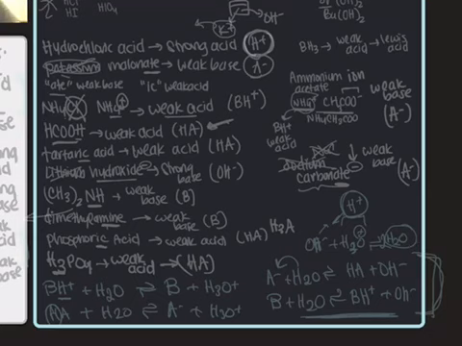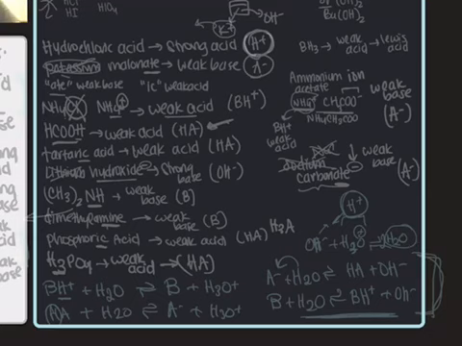So looking at this at the bottom, BH+ is a weak acid like we talked about. If you stick it into water, the H+ dissociates from the BH+, and we're left with B and an H3O+, or a hydronium. If we take a weak acid and stick it into water, we're left with an A- and an H3O+.